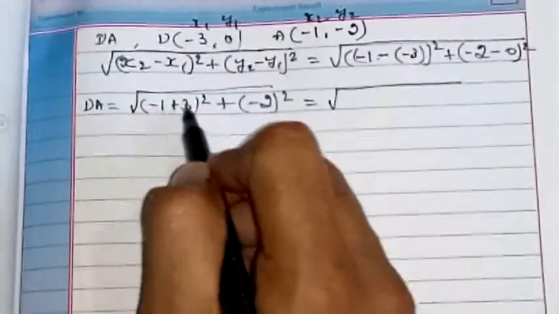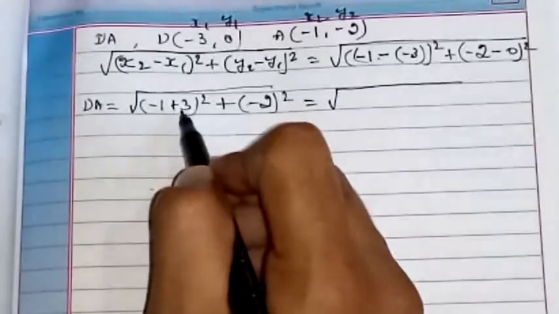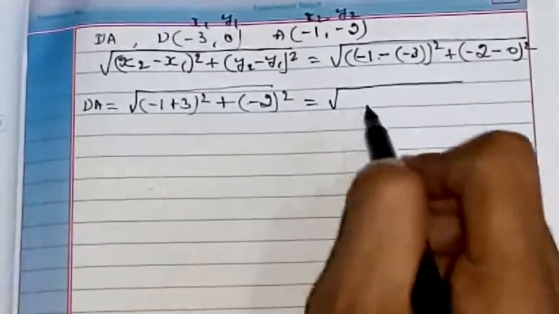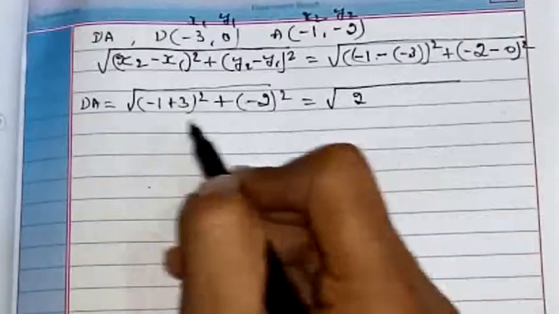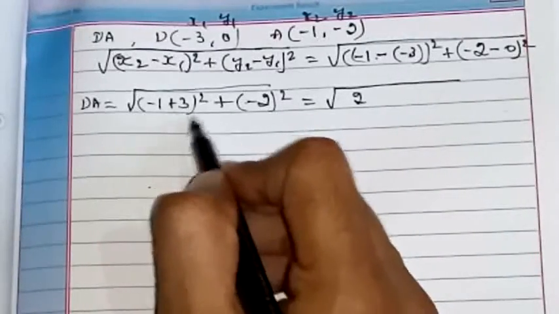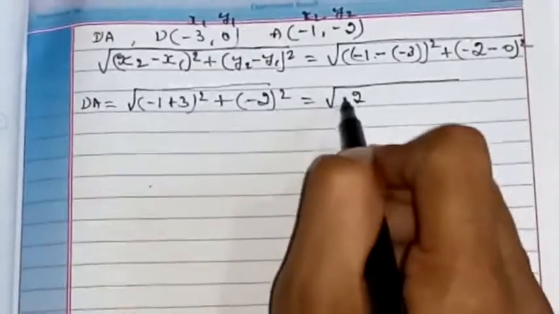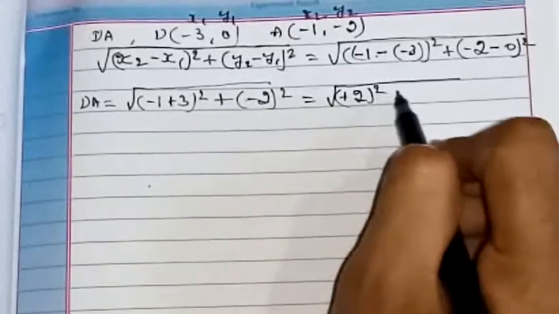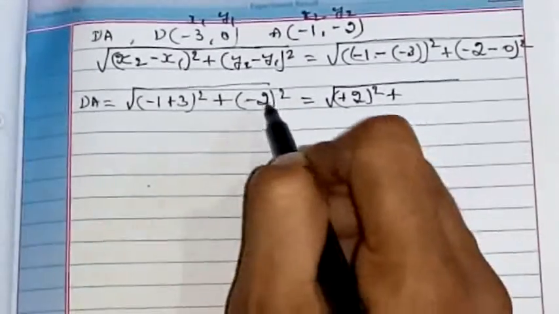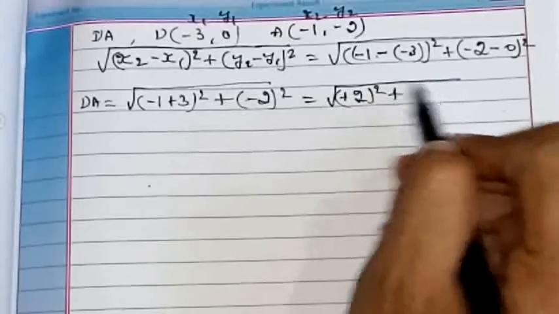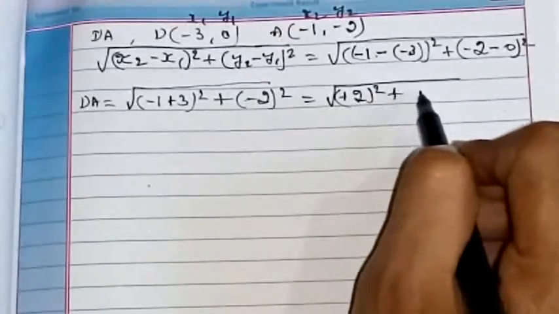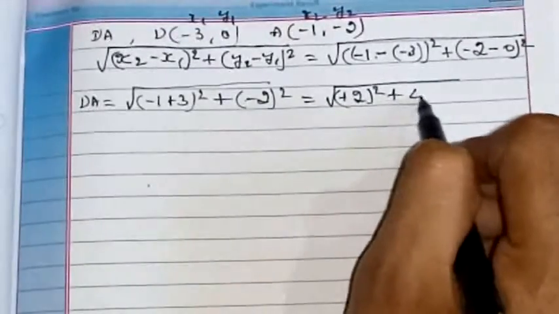Now minus into plus is minus, you should subtract. So 3 minus 1 is 2, and also sign of the biggest number. So the biggest number is 3 and sign is plus. So therefore plus 2 whole square plus minus 2 square. So any minus square will be plus. So therefore minus 2 square is plus 4.